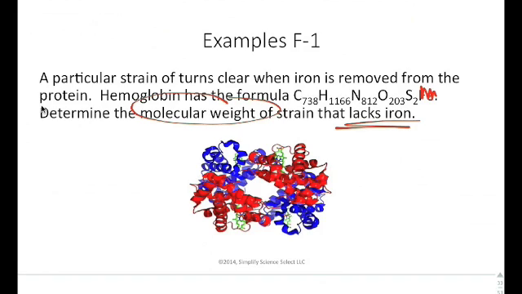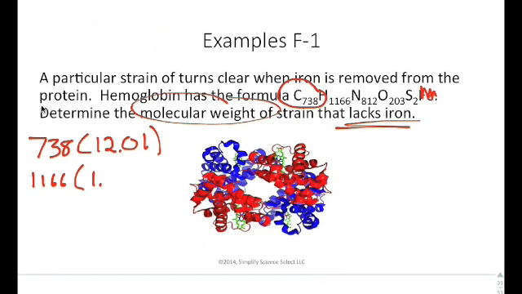Now generally what you would do here is you look and you say, okay, I've got 738 carbons. So you'd write 738 and multiply it by 12.01, using the specificity of the periodic table that's given to you. Then you have 1,166 hydrogens.